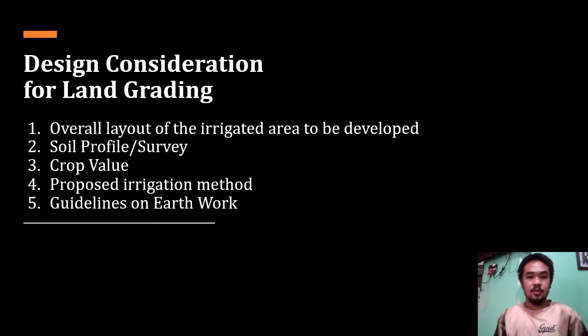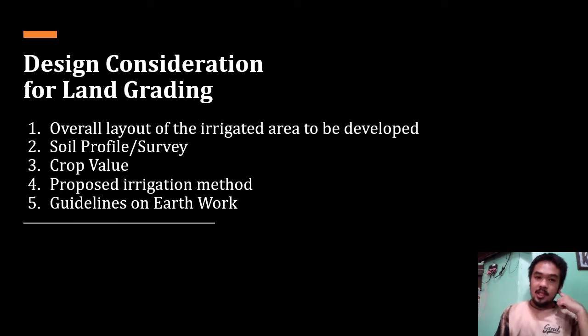Of course, we need to know what type of soil needs to be graded, because some soils are already good for the crop, so we don't need to grade those. Number three is crop value. Since land grading is an expensive operation, the higher the economic value of the crops that would be grown, the higher the investment in land development can be. And number four, we need to know the proposed irrigation method for the drainage system that is going to be graded.